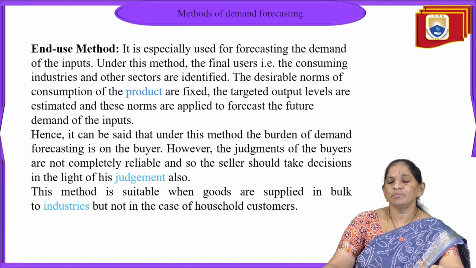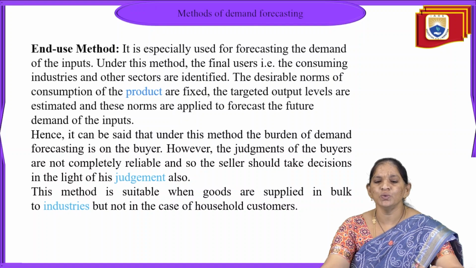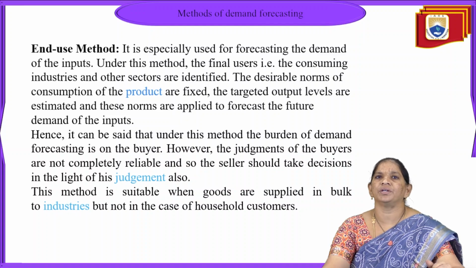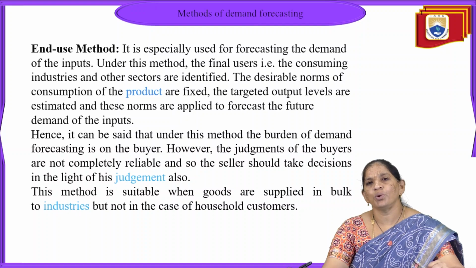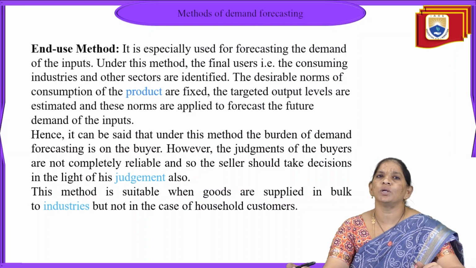And the next method, the third method, is what we can call the end use method. It is especially used for forecasting the demand for inputs. That means a producer who wants to estimate or forecast how much to produce can do so with the help of the end use method. Why?